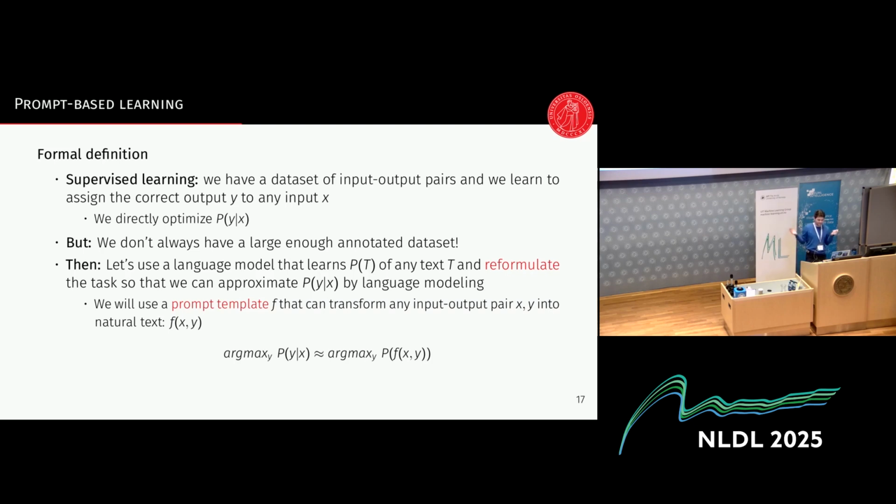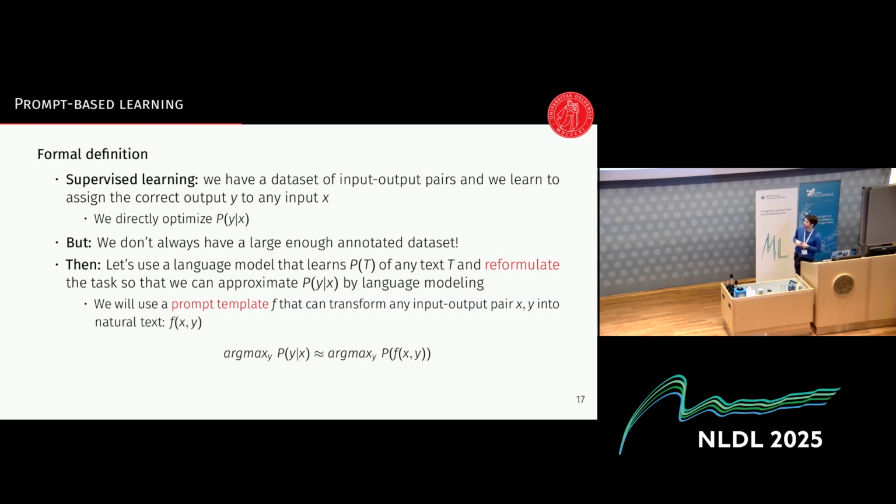But we can reformulate the task so that we approximate this probability of label Y given input X by language modeling. And we do this by using some kind of prompt template, F, that transforms the input-output pair X, Y into a natural text sequence, and then we use the language model to approximate this.